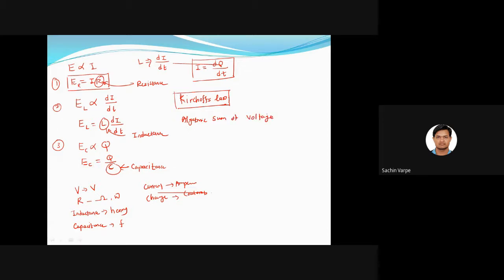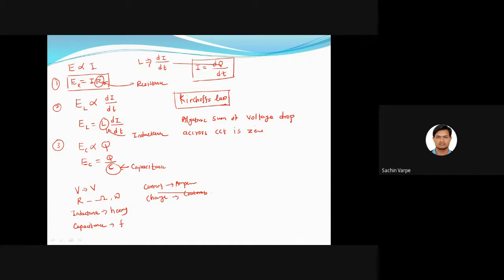across a circuit, or we can say across an electric loop, is 0. Or we can say it is equal to the total electromotive force, right?